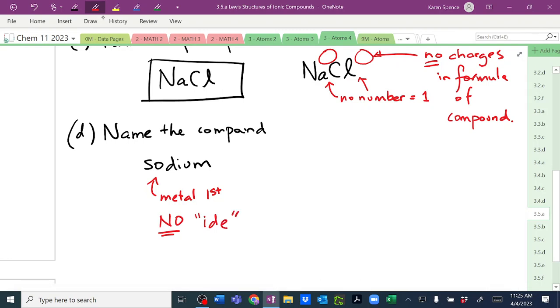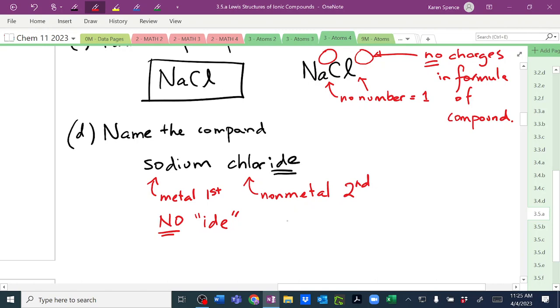And then second, we are going to have chlorine becomes chloride. So the nonmetal comes second. Yes, -ide.